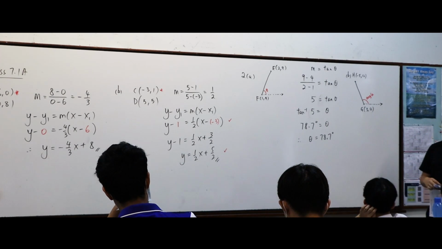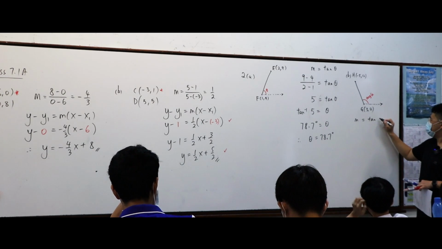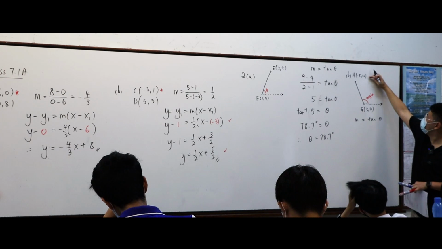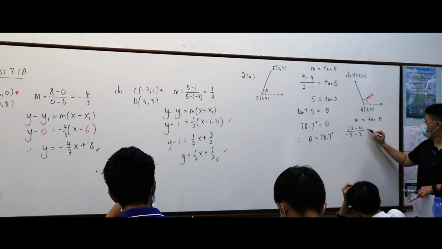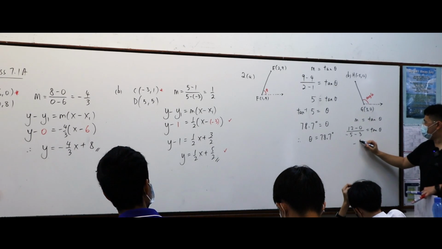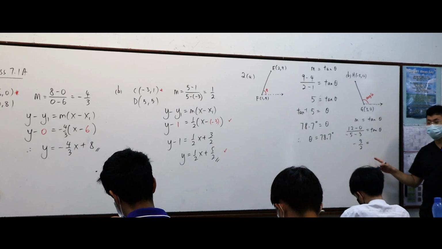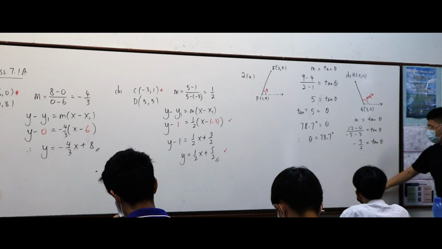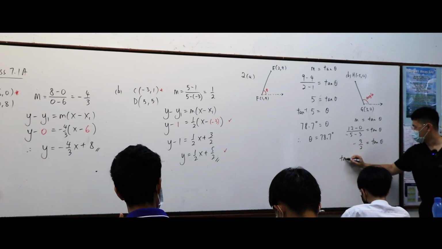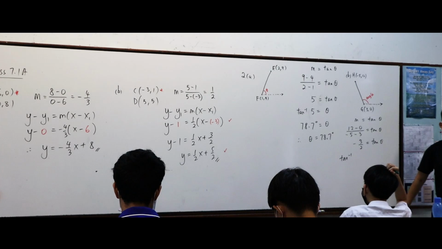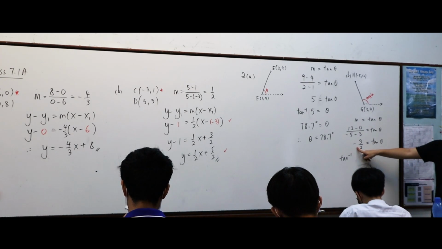Okay, but the problem now is that here, let's take a look at the gradient. So gradient is equals to tangent theta. So the gradient is y2 minus y1, so 12 minus 0, over negative 5 minus 3. Okay, so this is negative 3 over 2, correct? Then when you do the inverse tangent, we are not going to use the negative gradient.